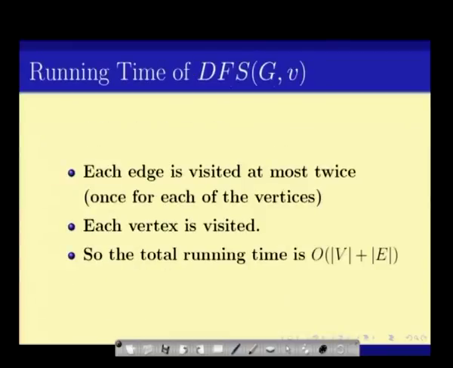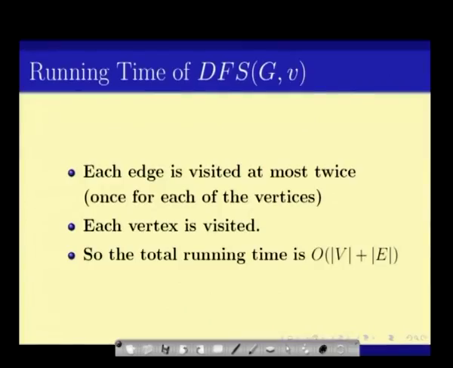So, for runtime, each edge is visited at most twice, once for each vertex. I mean, if there is an edge between d and e, I first look at it from d to e. Once I am done with looking at it from d to e, I will remove that edge from e's adjacency list. Later on, we will be looking from e to d, where we will again look at it only once.